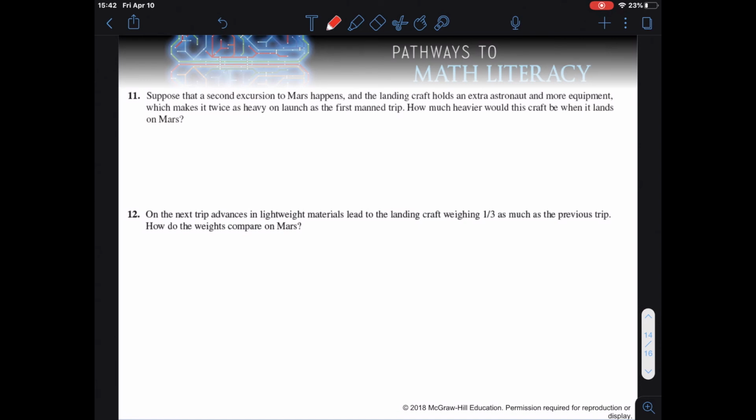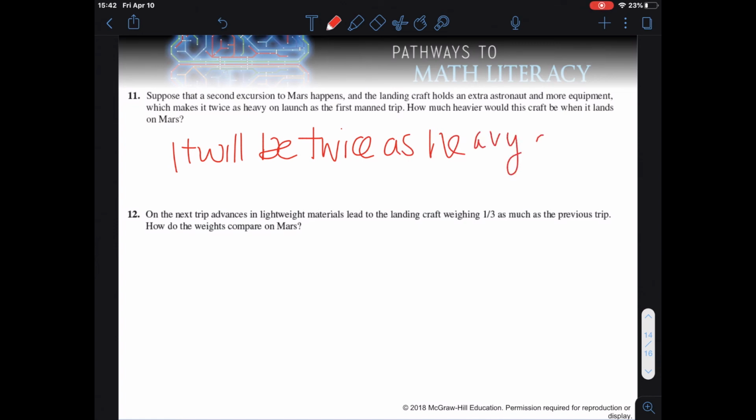So it weighed one amount, we're doubling the weight, so when it's got direct variation, it's going to weigh double the weight on Mars. So it'll still be twice as heavy on Mars because of that direct variation.